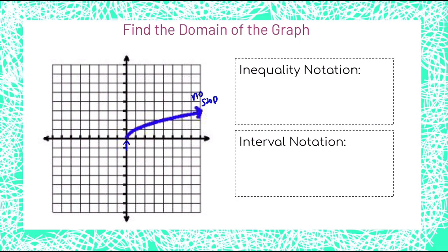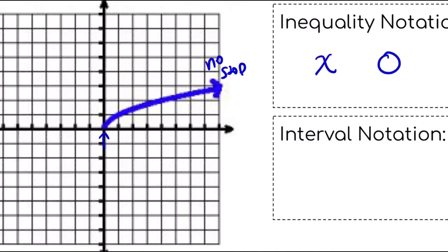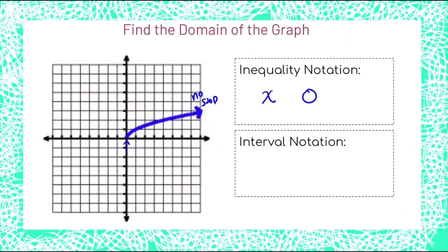So I'm going to mention 0. I'm going to mention x. And do you see an open circle here? Now there is no open circle here. So I'm just going to have my inequality symbol for values that are greater than or equal to 0. If there's no open, that means it's equal to.